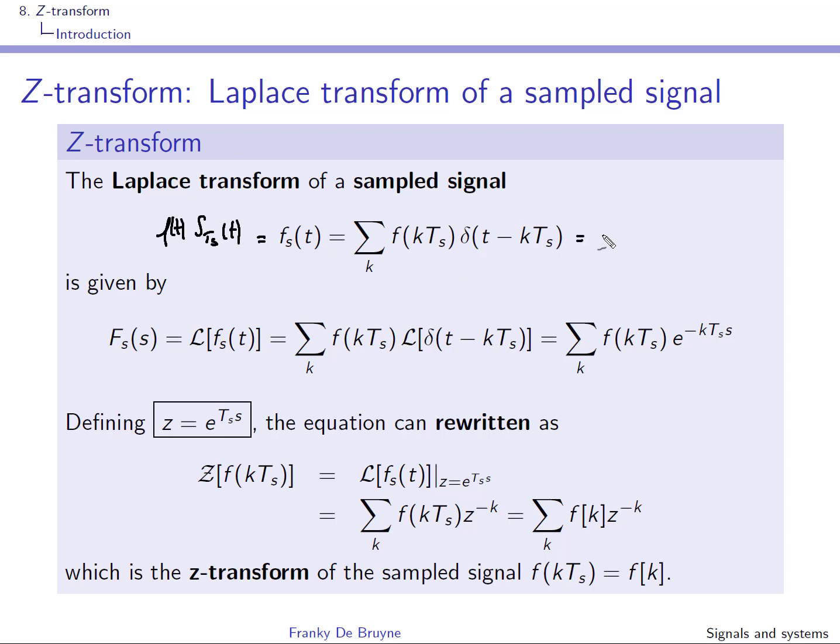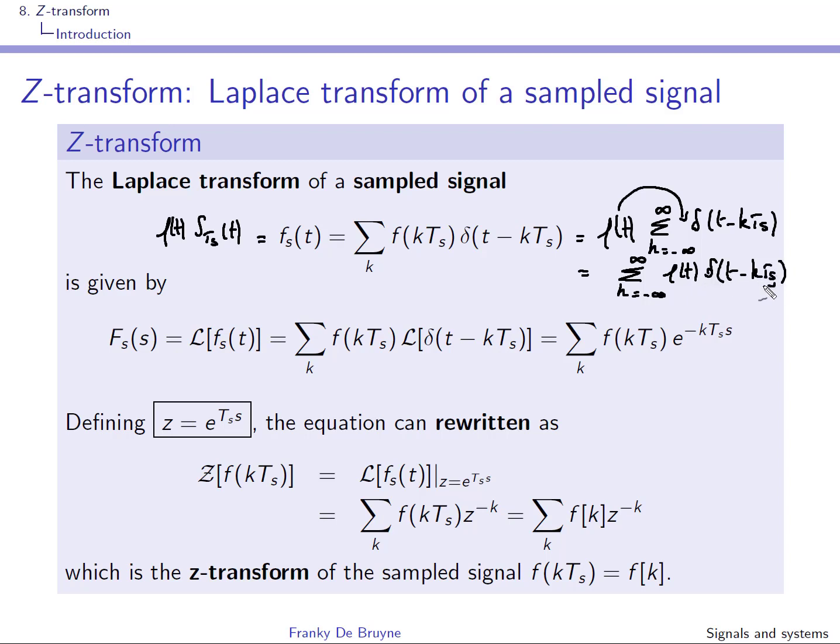So if we write that down, it's f of t times the sum over k going from minus infinity to infinity of a bunch of deltas that are shifted by kTs. This can go into the sum, and we obtain the sum over k from minus infinity to infinity of f of t delta of t minus kTs, right?